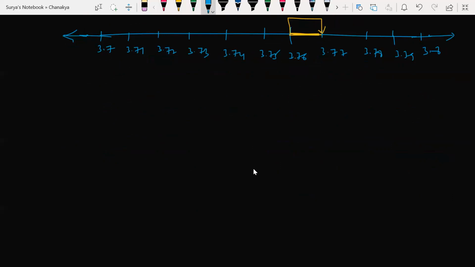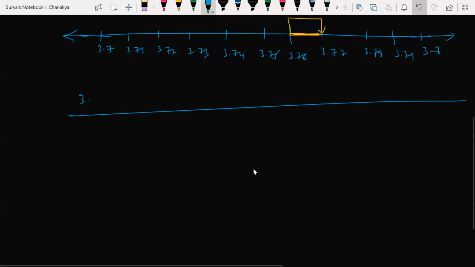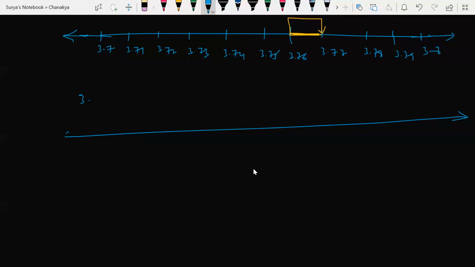We get 3.761, 3.762, and so on, then 3.765, 3.766, and so on till 3.77.